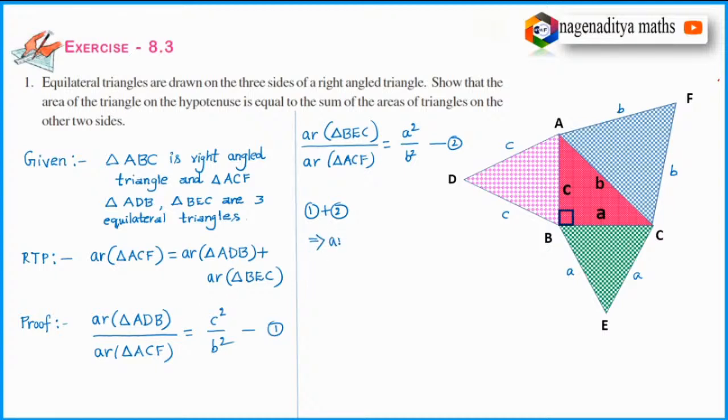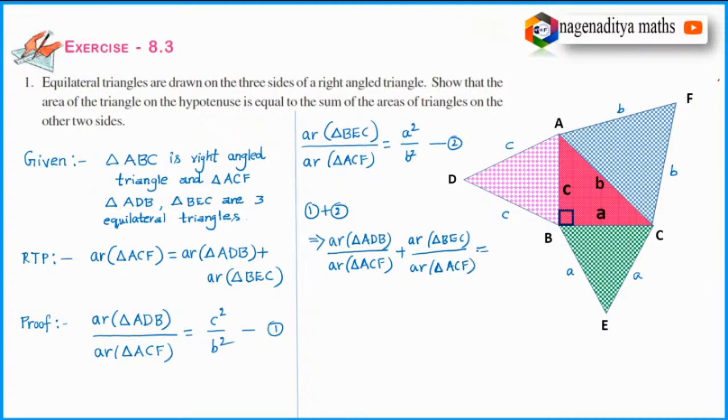Area of triangle ADB by area of triangle ACF plus what is 2, area of triangle BEC by area of triangle ACF.